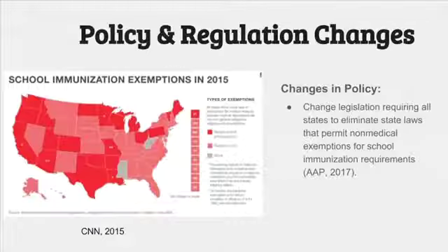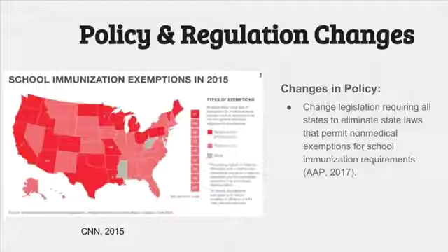Slide 25, Policy and Regulation Changes. Currently, the American Academy of Pediatrics 2017 recommends that all state laws that allow non-medical exemptions for school immunization entry requirements be eliminated throughout the United States. According to the American Academy of Pediatrics in 2017, there are currently 16 states that allow personal belief exemptions for school entry immunization requirements.